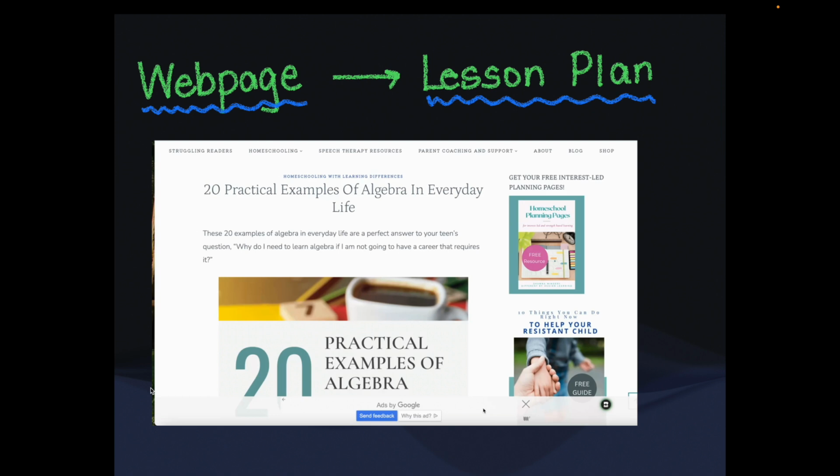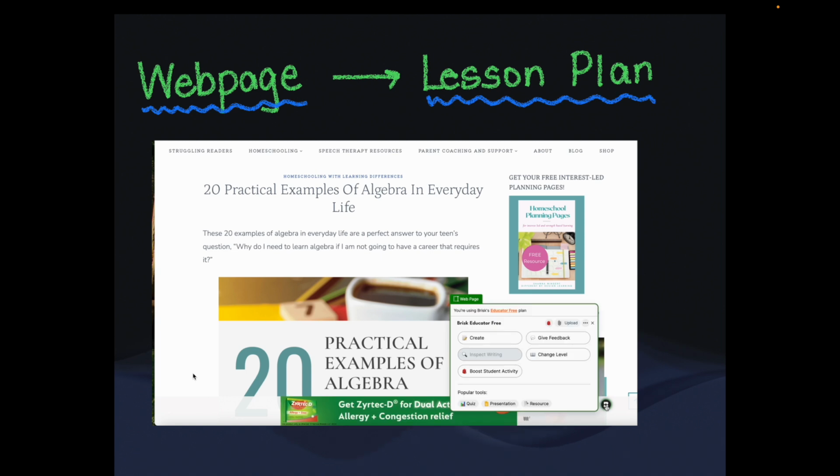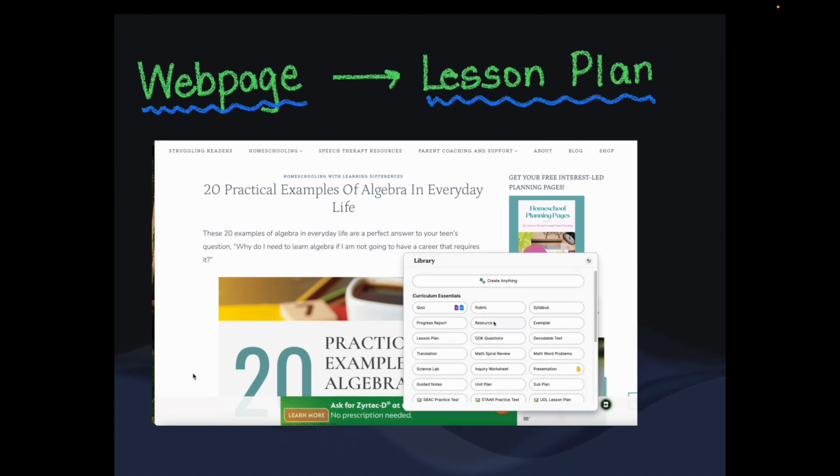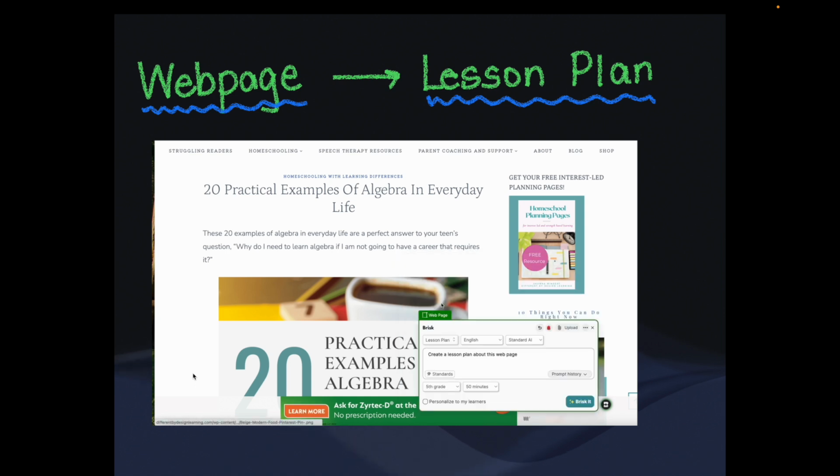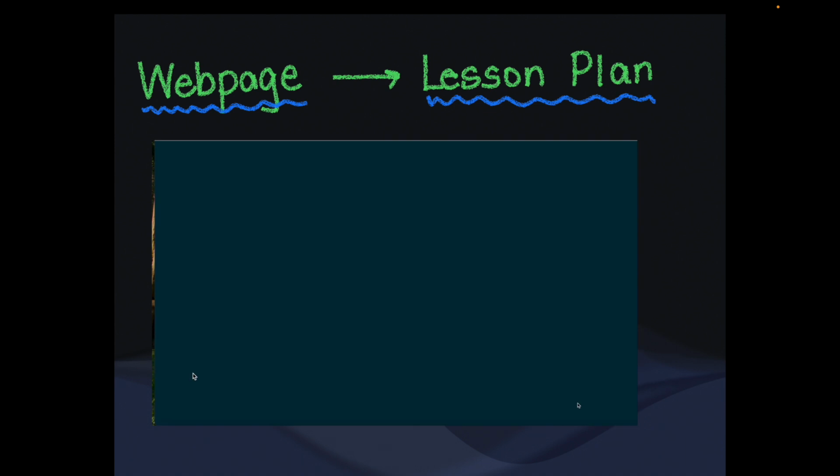So we can go from a web page into a lesson plan. So let's look at the web page, 20 practical examples of algebra in everyday life. Use Brisk to create a lesson plan. And I can select my grade level, and I can select how long I want the lesson to last.